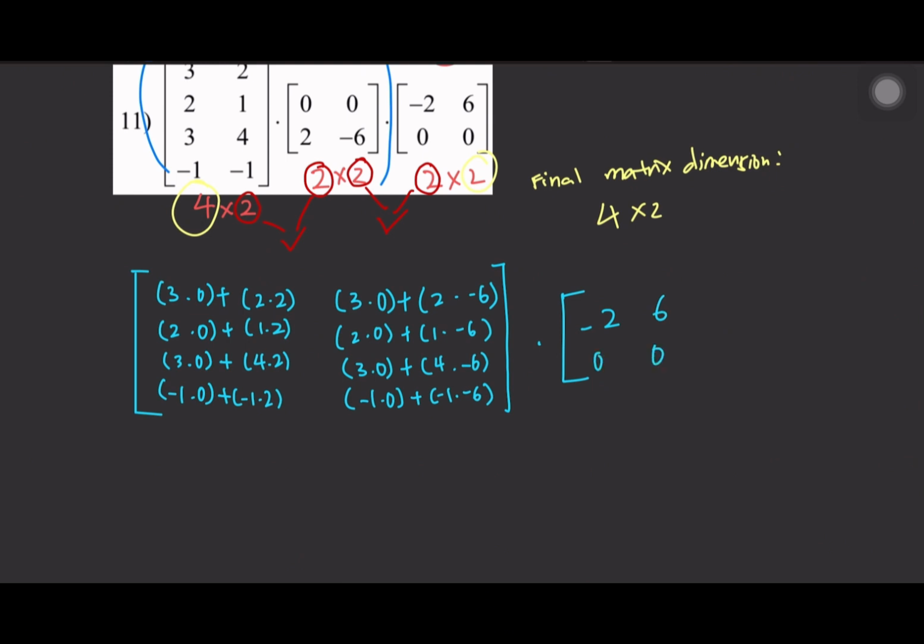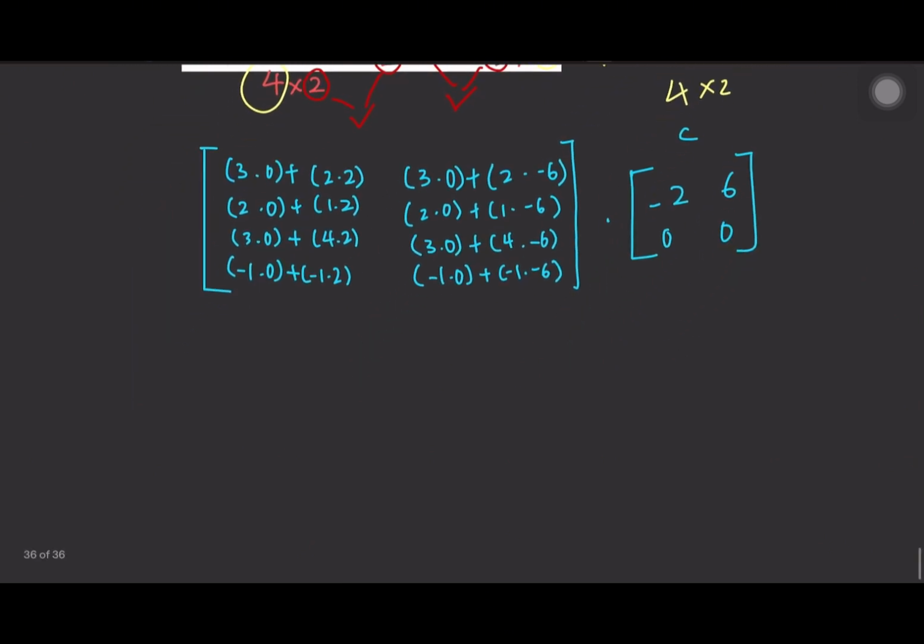Then 6, 0, 0. This is C, matrix C. Let us simplify first before we get into multiplying matrix C. Negative 24, negative 2, 6.